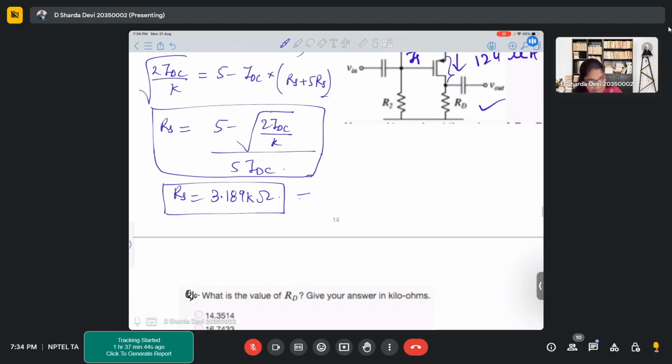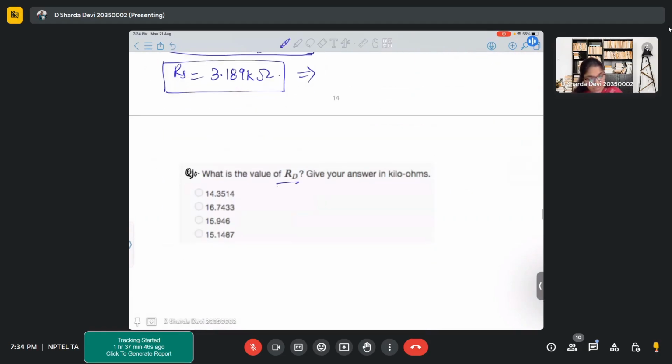Since RS is known, the next question is what is the value of RD? RD is 5 times RS, so 5 times 3.189 kilo ohms.